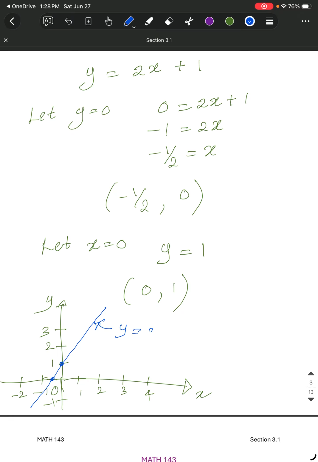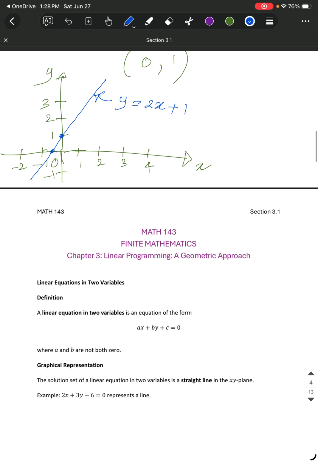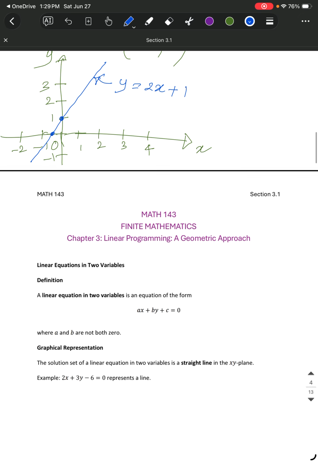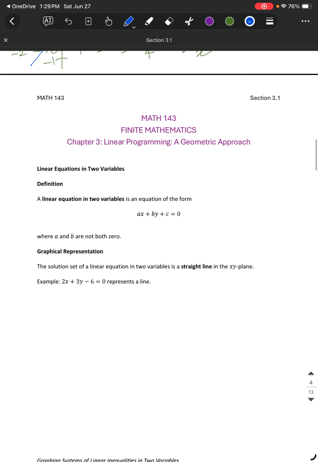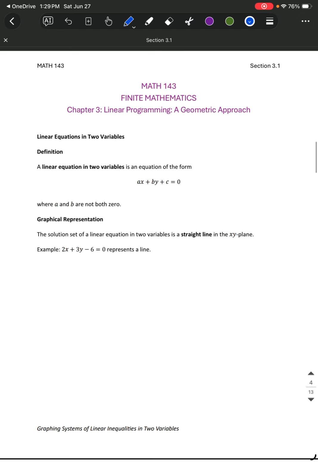This is the y equals 2x plus 1 straight line.